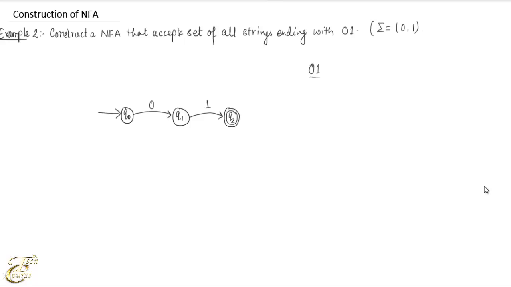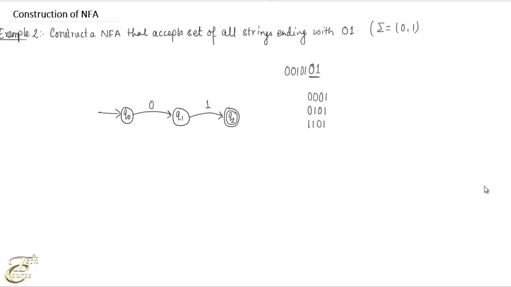For example, we have to represent the strings 00101, 0101, similarly 1101. That means whatever symbols come before this 01, that is either 0 or 1, should be accepted, since 01 is at the end of that string.